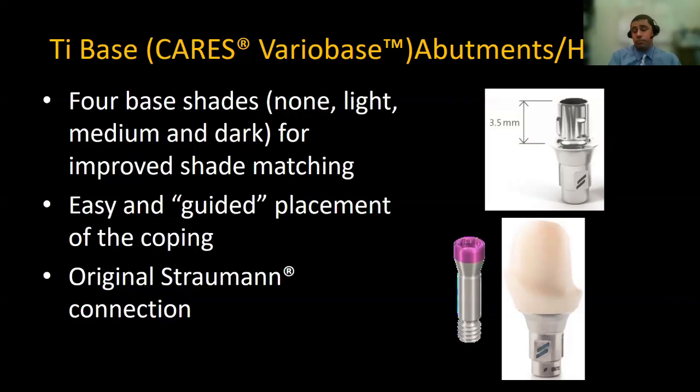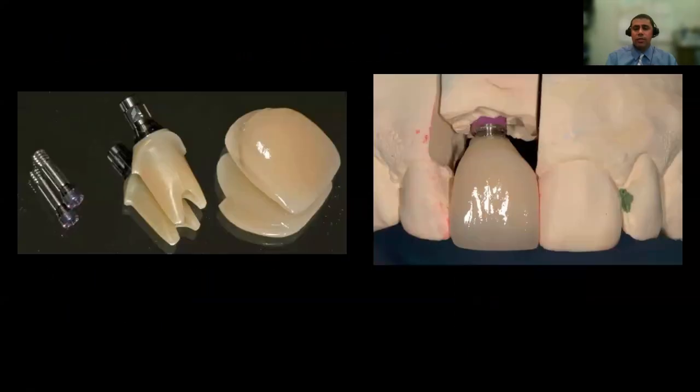You can manufacture the full restoration in screw-retained fashion on these ti-bases, or you can actually utilize them to manufacture hybrid type abutments, particularly the ones made from zirconia, if you would like to maintain titanium to titanium connection inside the interface, for example.